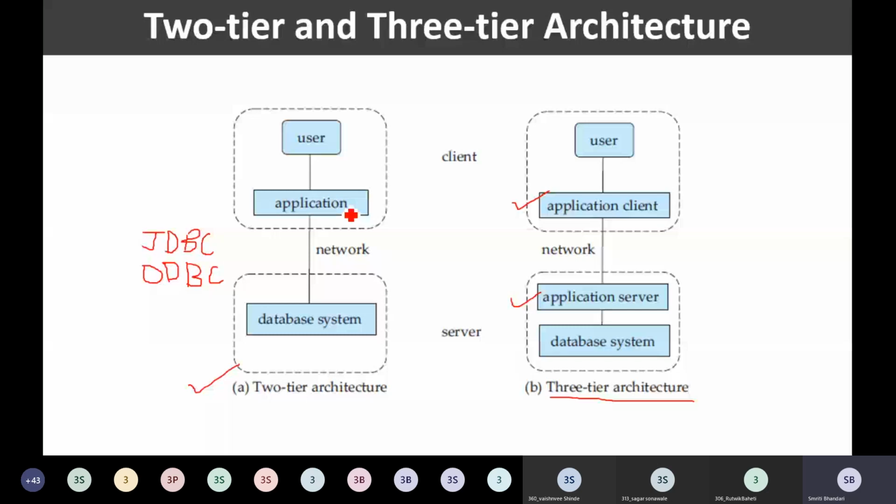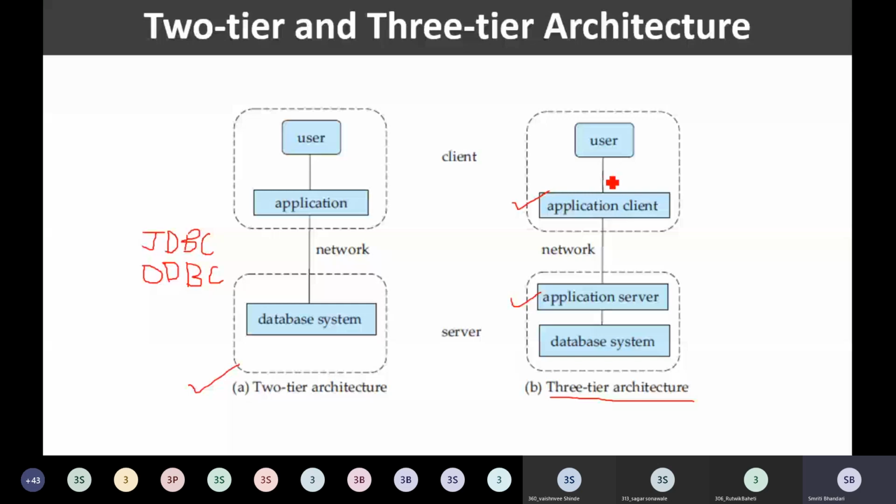In contrast, in three-tier architecture, the application server is also located at the server side, and at the client side we do not have any application program as such. We have only a few interfaces, and those help me communicate with the application server.